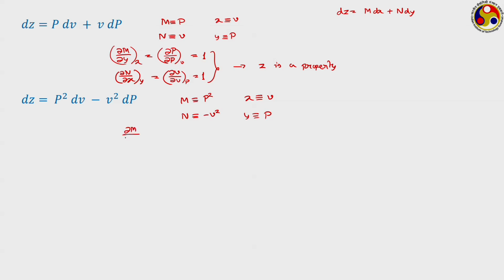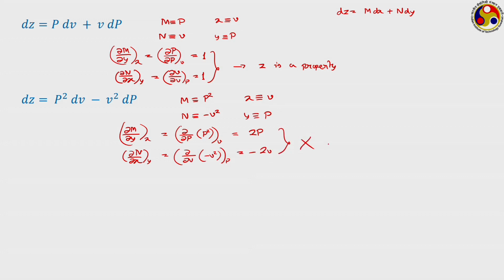So, dou m dou y at x constant will be dou p of p square with v constant, that is equal to twice p, and dou n dou x with y constant will be dou v of minus v square with p constant, equal to minus twice v, and these two are not equal to each other.